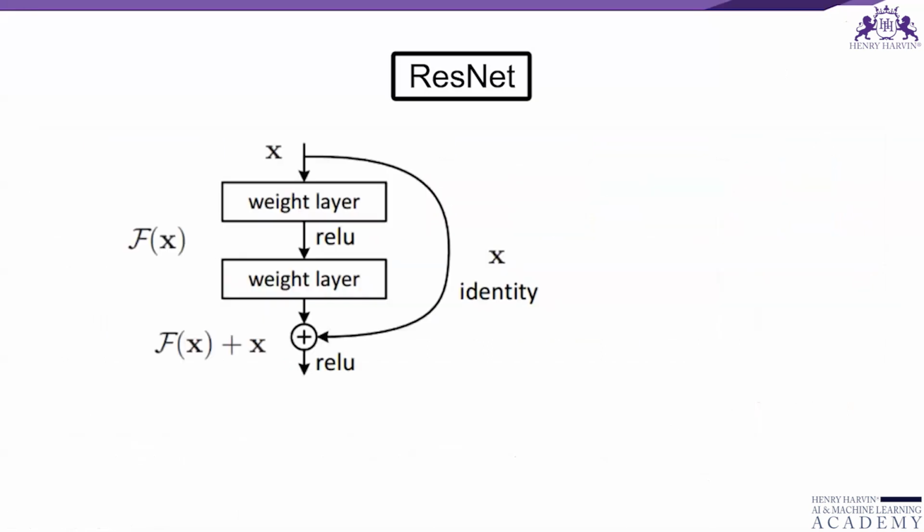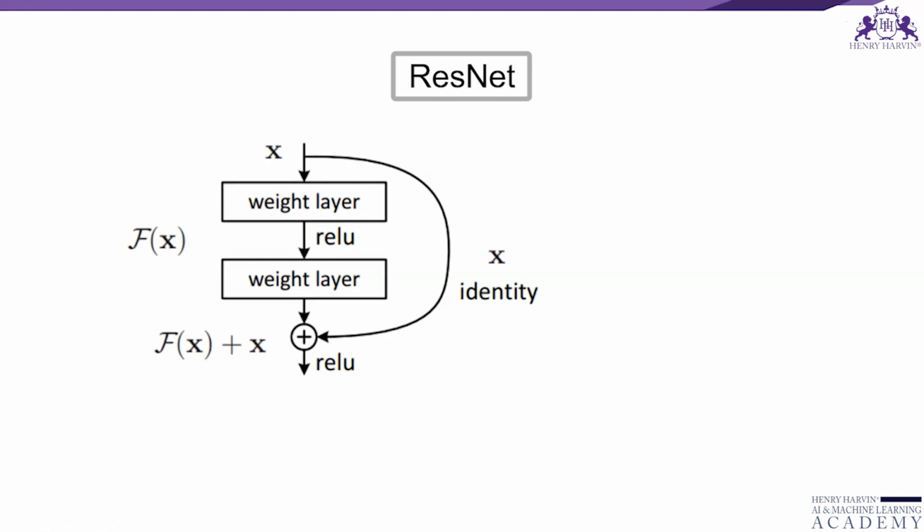This is how it looks. There will be a weight layer, then the ReLU is used, and there is another weight layer, followed by ReLU. After the two layers, the output is a function of X plus this X. Let us try to understand in detail what the residual network is.